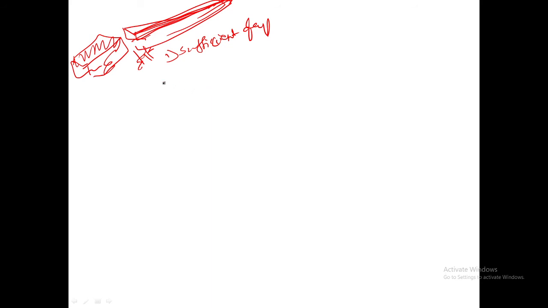So second case, no expansion joint is provided. That means how much free length is there, that has to be restricted. Okay, no expansion joint.